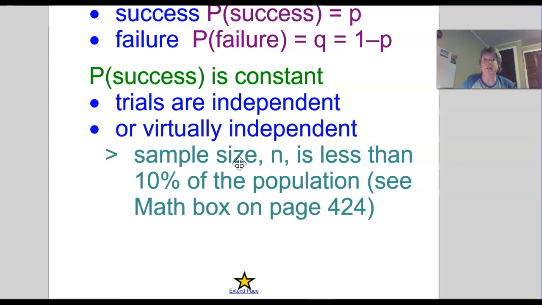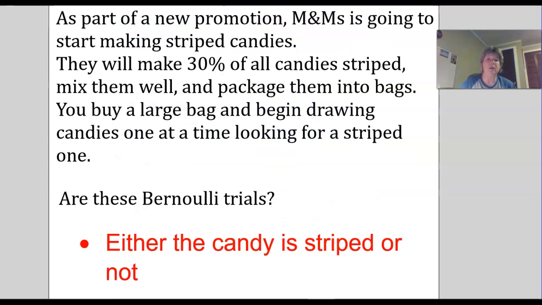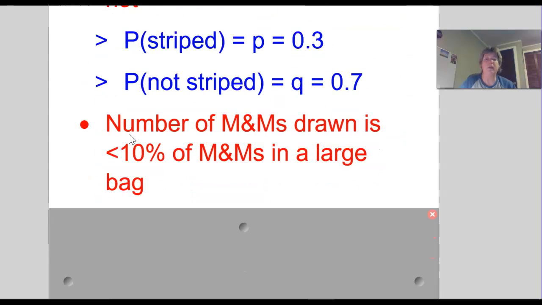That's if you have a fixed sample size, which we're going to talk about in our next class session. So for this scenario, we do not have a fixed sample size. But I do know, and I'm pretty confident, that however many M&Ms it takes before I find my first striped one will be less than 10% of all those M&Ms in that large bag.